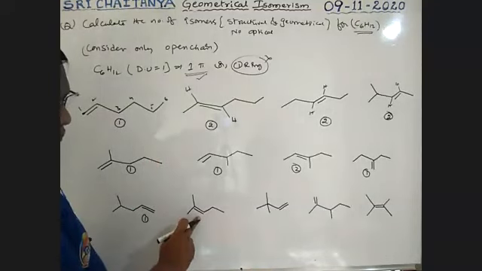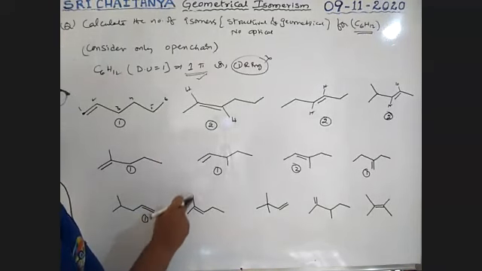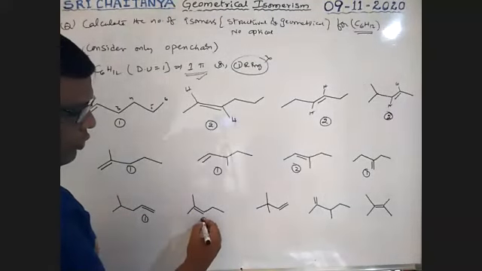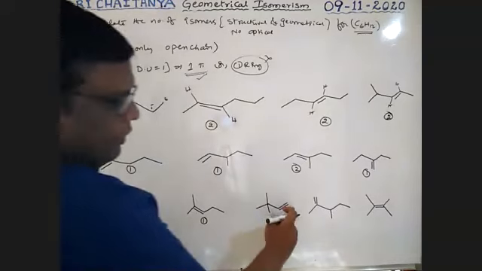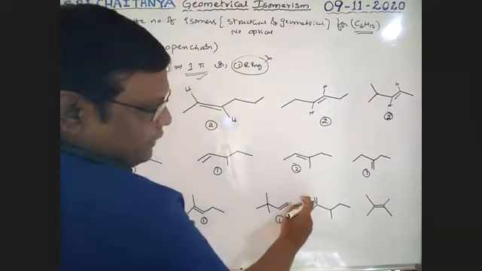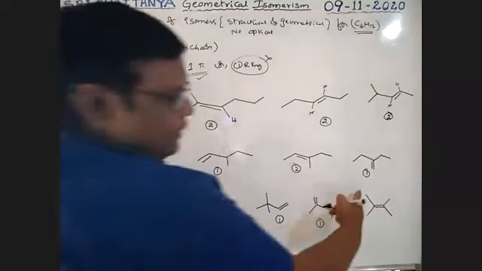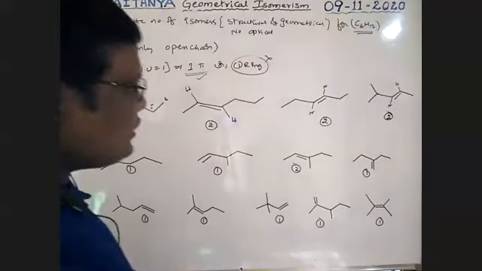Next, here two groups are the same, similar groups are there, therefore no cis, no trans. Here terminal hydrogens, no cis, no trans. Here also terminal, no cis, no trans. Next, similar groups, no cis, no trans.